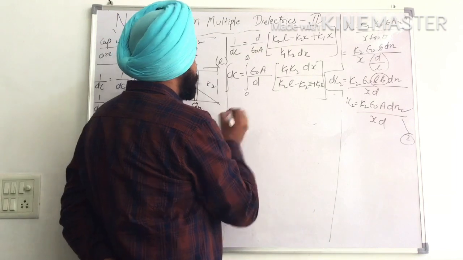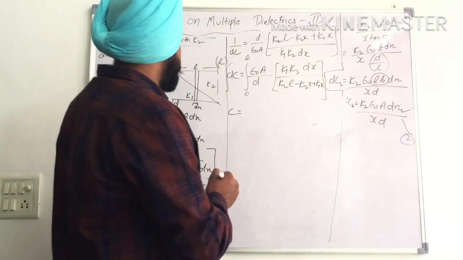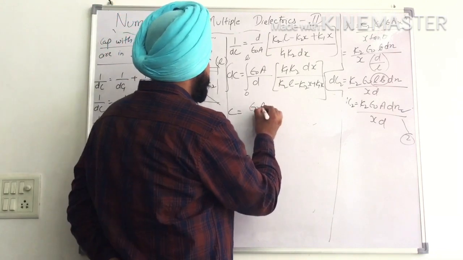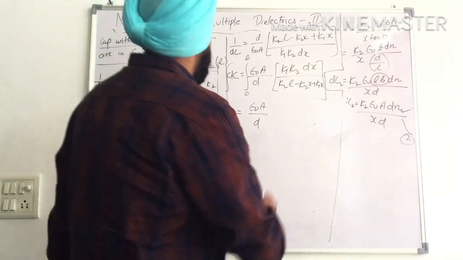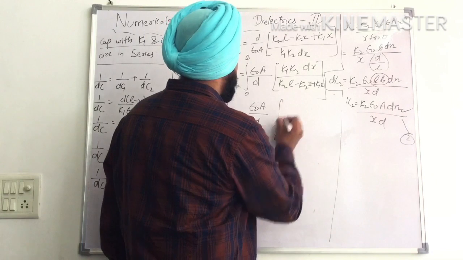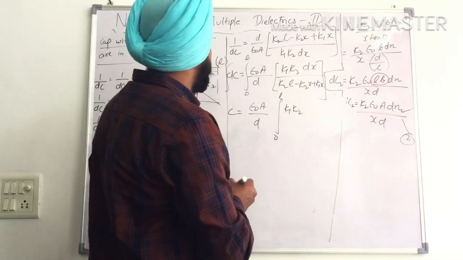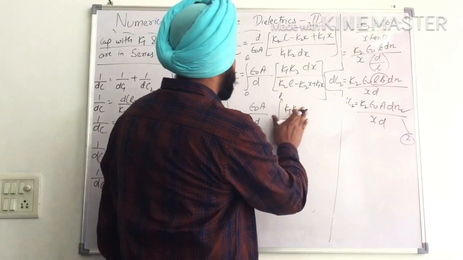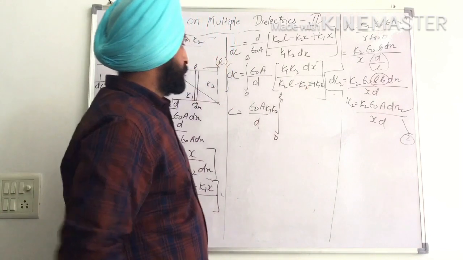So the total integration will come equal to, now we will be keeping the constants outside the integration, epsilon naught A over d. The rest will remain inside, 0 to L, K1 K2, even K1 K2 can be kept outside.